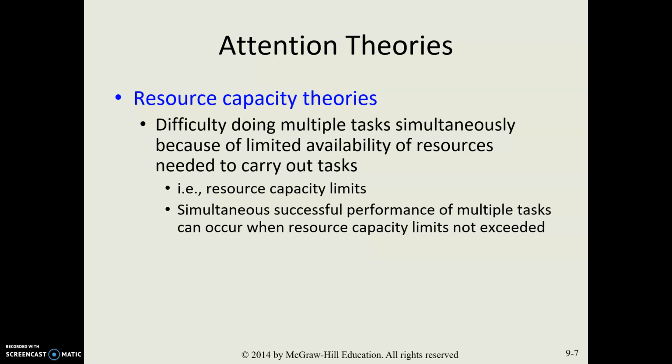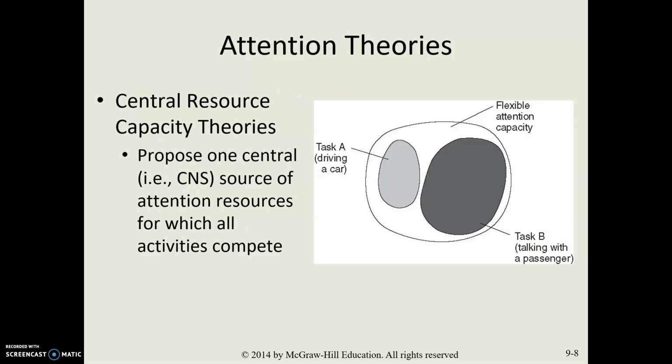You have capacity for lots of different things that you can do, but once you max out that central resource, you no longer can be successful doing anything else. As long as I stay within my capacity, I will be successful at multitasking.